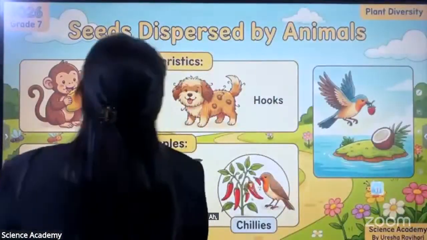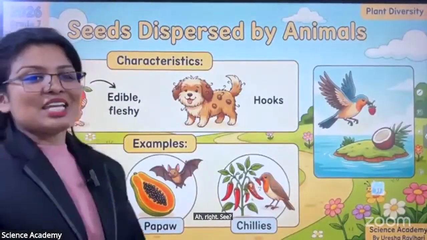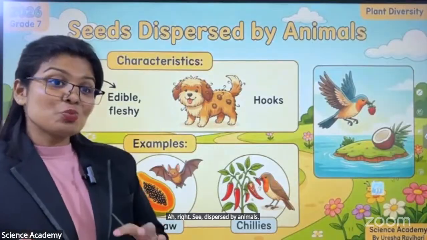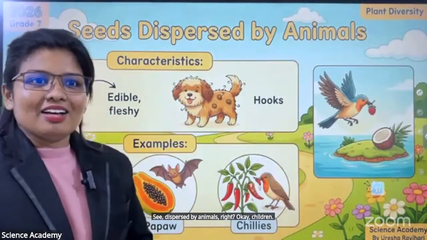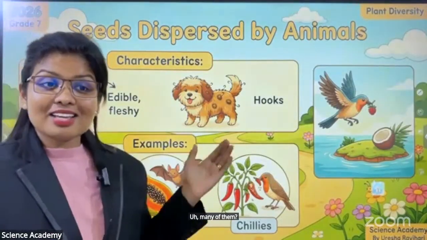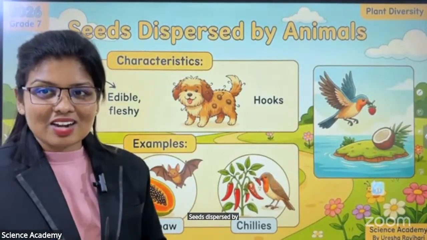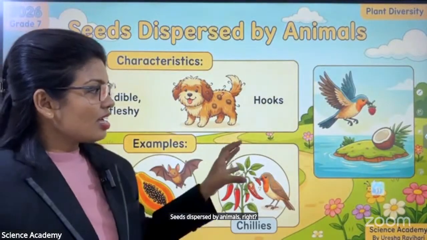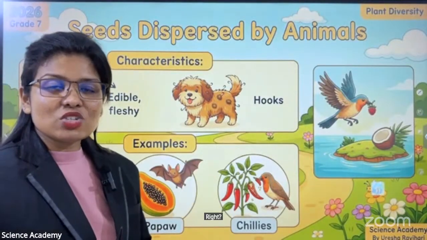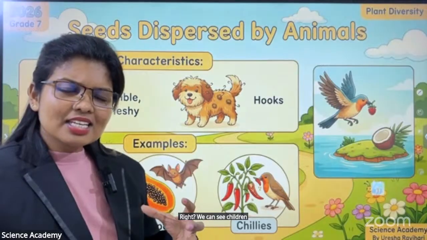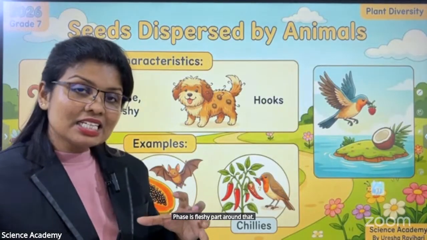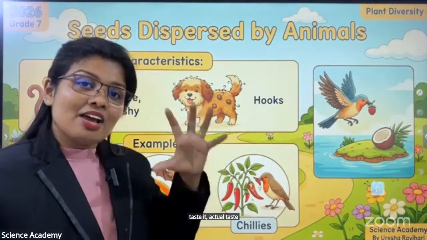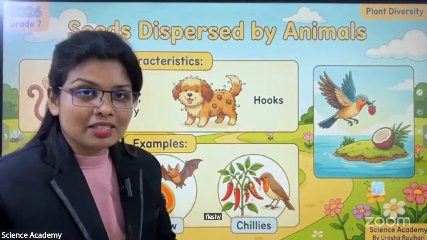Seed dispersed by animals. Children, many of the seeds are dispersed by animals. We can see a tasty fleshy part around the seed.